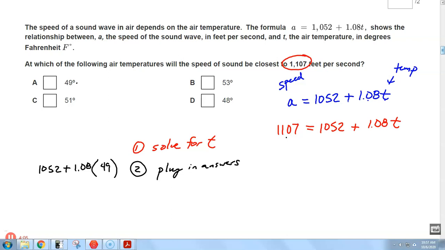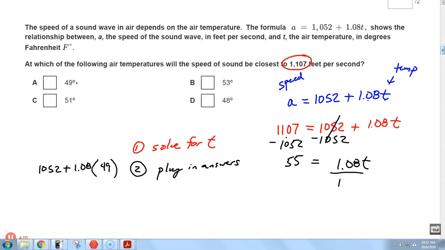I'm going to do the problem just by solving. My first move is to subtract the 1052 from both sides. That isolates my variable term, so I've got the t term all by itself. That's 48 plus 7, 55.